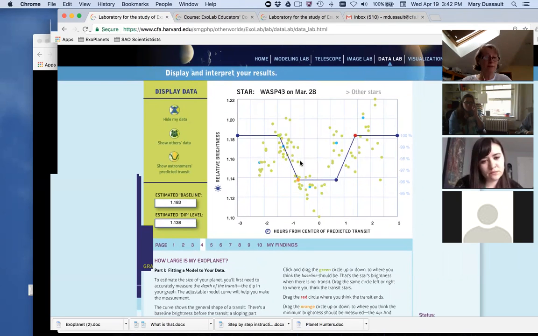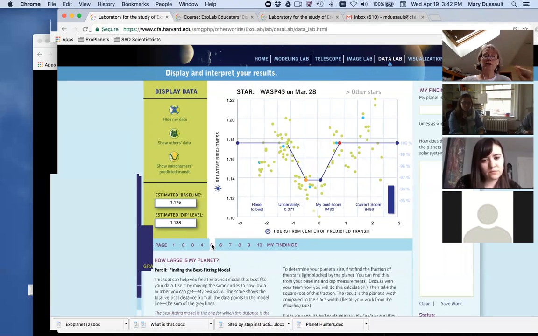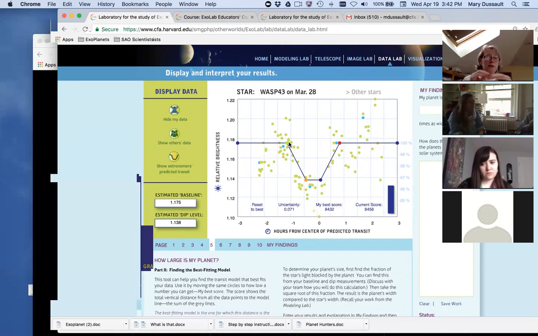So this is a simplified fit, and it's a little hard to say, but maybe that would be my eyeballing a best fit. And then on page 5, we give you a little bit more of an analytic tool to find the best fitting model that fits this data.